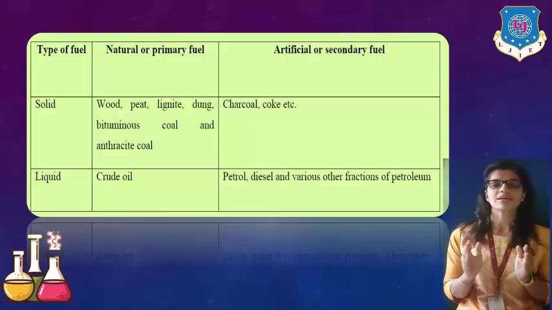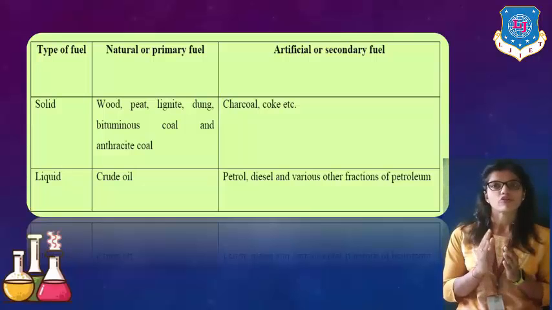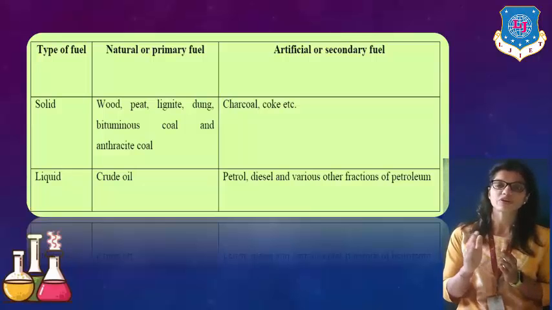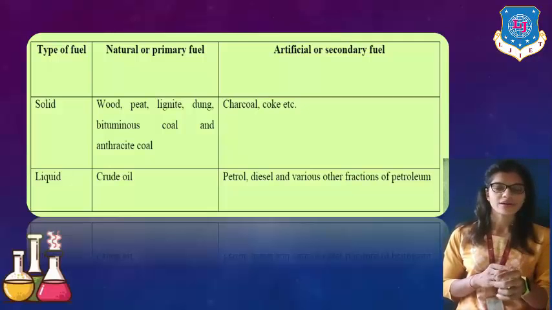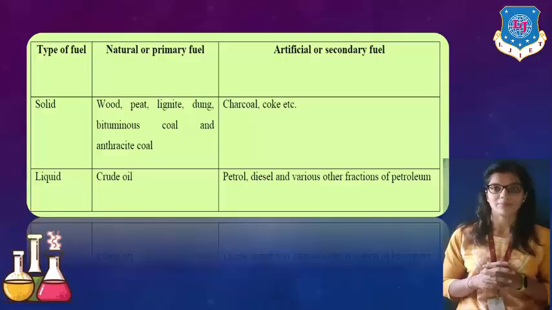Crude oil is naturally available, and from it we produce different types of fuels. If we talk about artificial ones, the products we obtain from crude oil, we can take the example of petrol, diesel, and various other fractions of petroleum which are available.